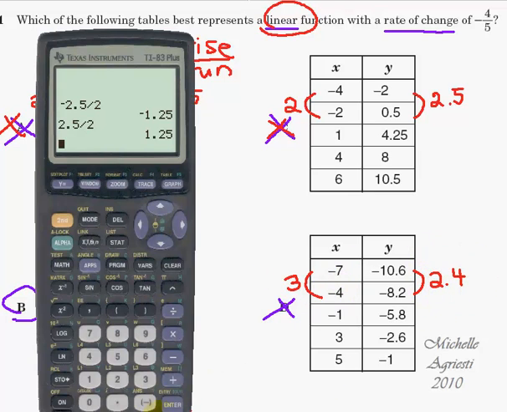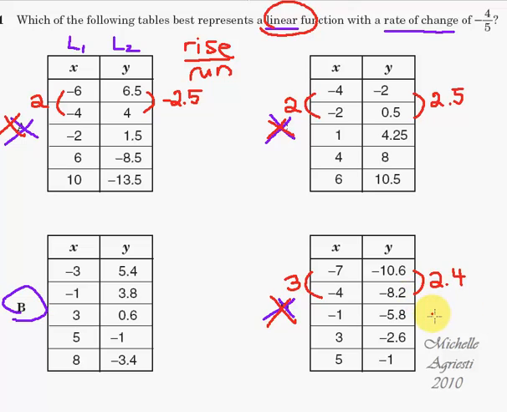My rise is 2.4 over my run is 3. Enter that. This is a positive slope. 0.8. How do we change that to a fraction? Do math. Enter, enter. There it is, 4/5, but we're looking for a -4/5. So it doesn't work in all places, so it doesn't matter.